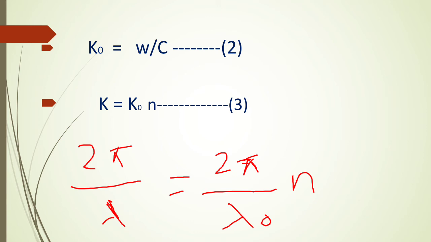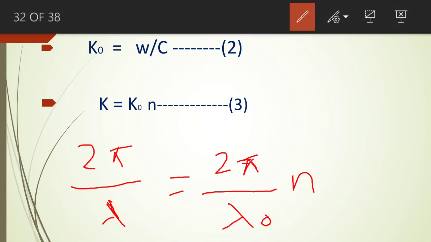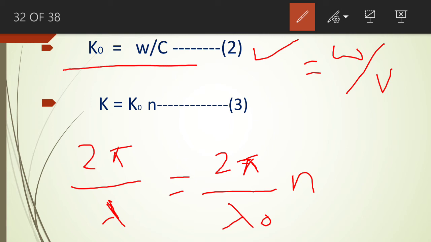Okay, we know that the phase constant in free space will be equal to omega by c. Why? Because the propagation constant is equal to omega by v, and we know that v in free space is equal to c. So we can calculate the propagation constant of the electromagnetic wave in free space, which will be equal to k naught, and k naught will be equal to omega by c.